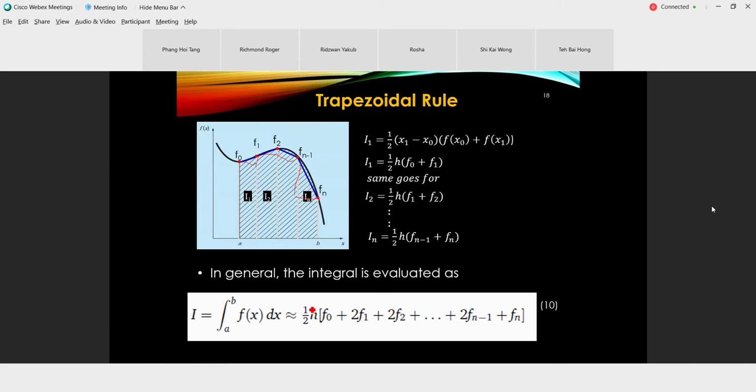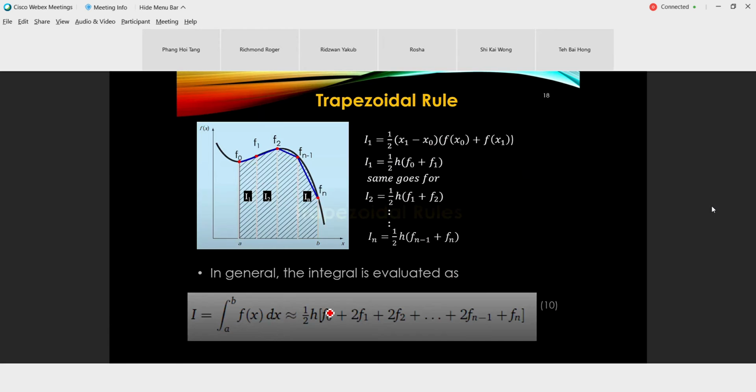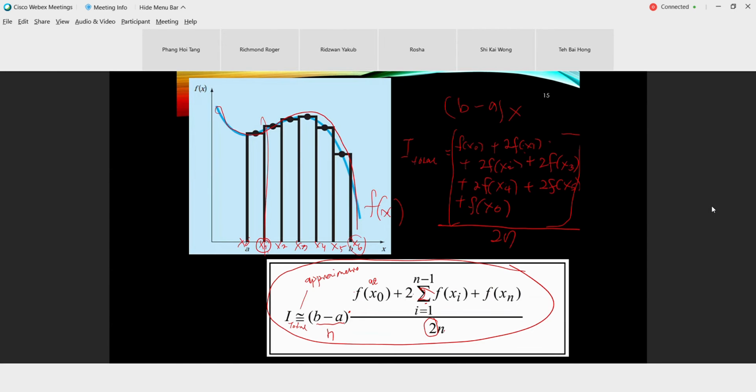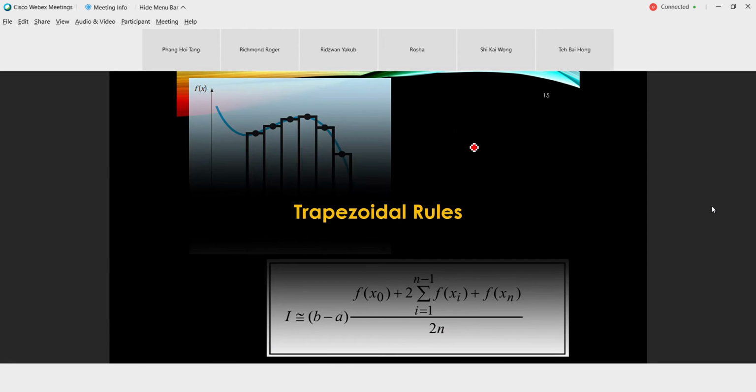approximately 1 over 2h. What is h? h is the step size that you need to set. This is the step size. And then multiply by the function node, same as this one. This is also a function node.